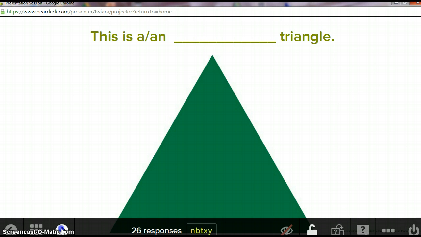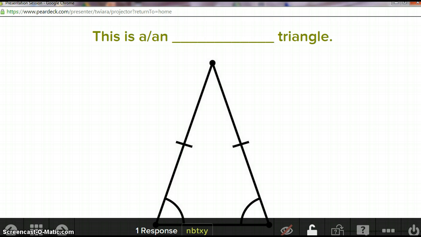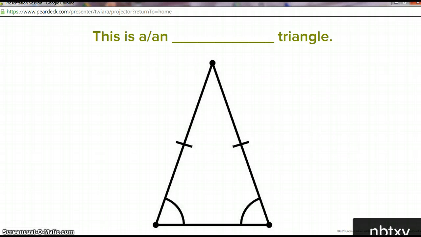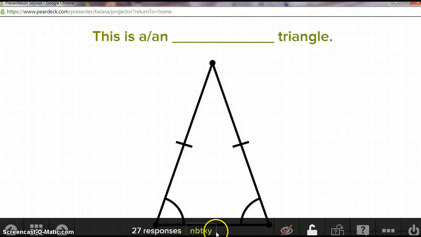Okay, let's go to the next one. Now, can you clearly tell what this one is? Mark it on your screen. Come on, pick it up, whoever's lagging behind here. There we go.